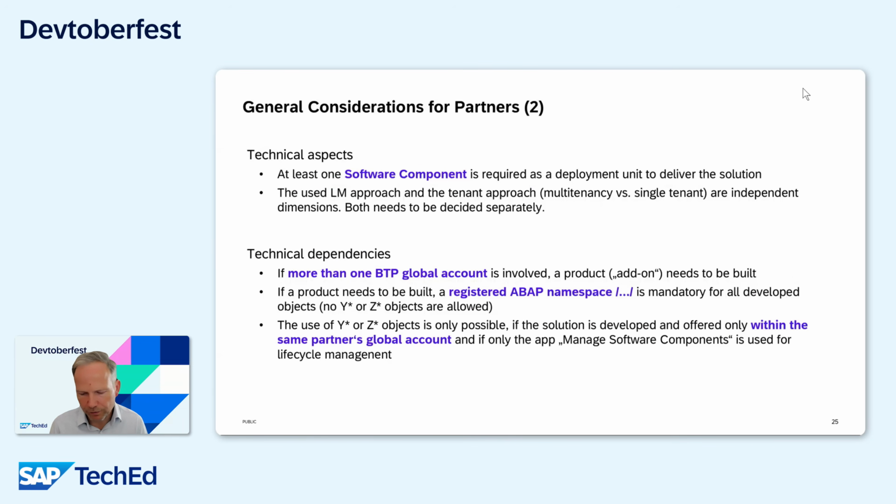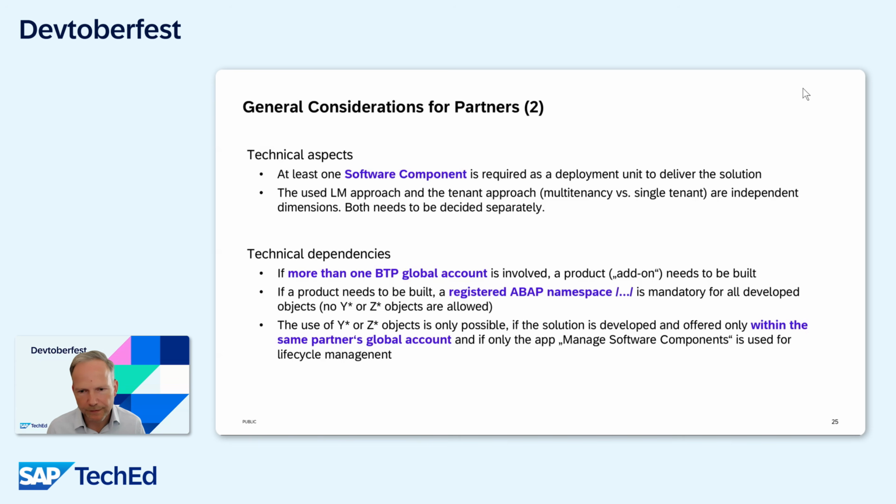If we take a deeper look at the technical aspects, again, you need to use a software component because this is the delivery unit of everything you are doing. Even if you build a UI, even if you build a freestyle UI5 UI with the help of Business Application Studio, and you deploy this back to the Steampunk system, everything would be part of the software component, and the software component represents, self-contained, all the objects which are required to run the product.